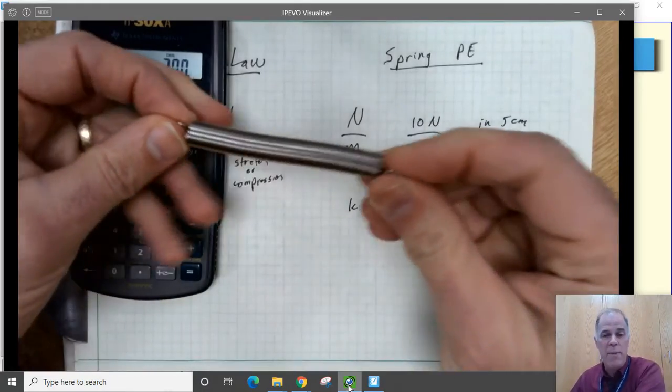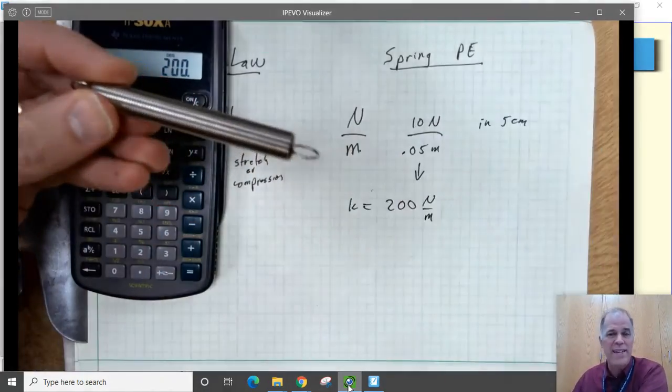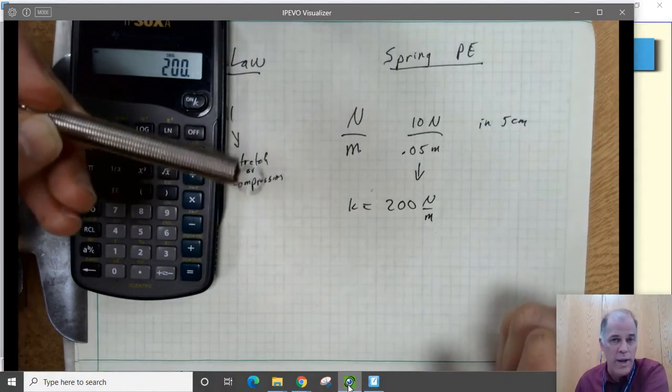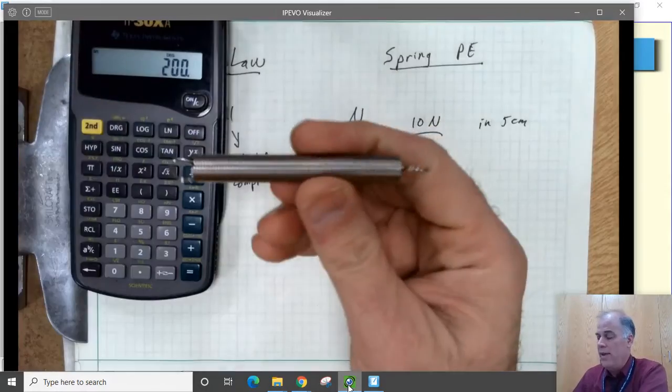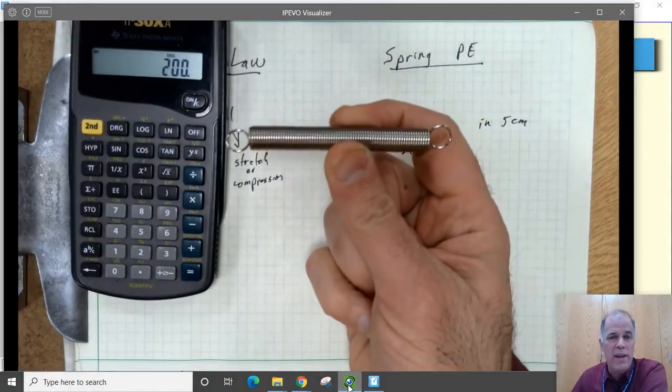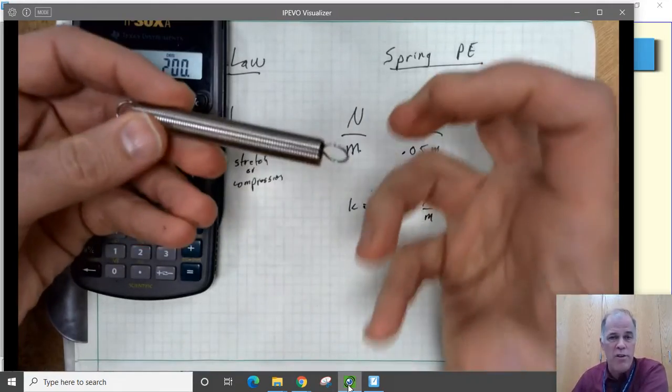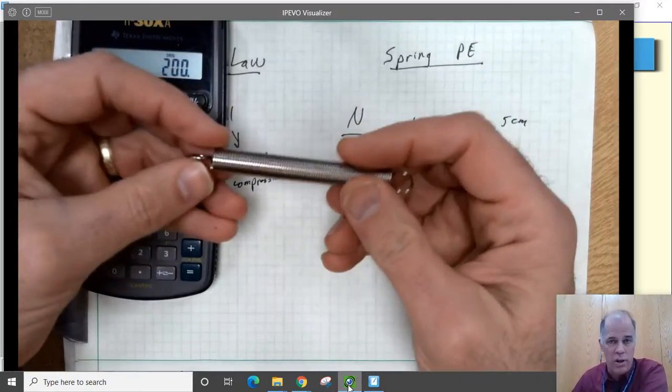Meaning that if I was somehow able to stretch this thing an entire meter, it would take 200 newtons of force to do it. Now, in reality, if I tried to pull this spring an entire meter, I would deform the spring.